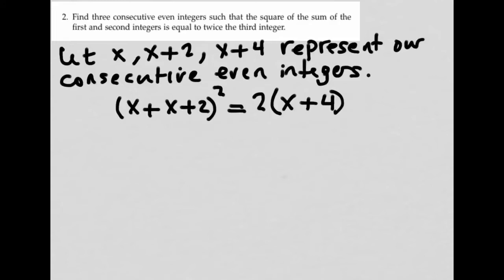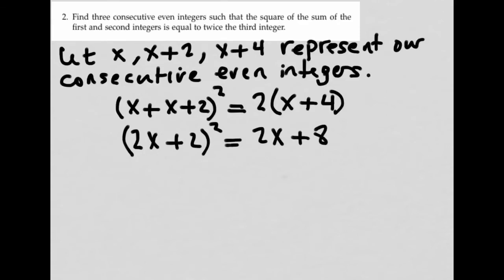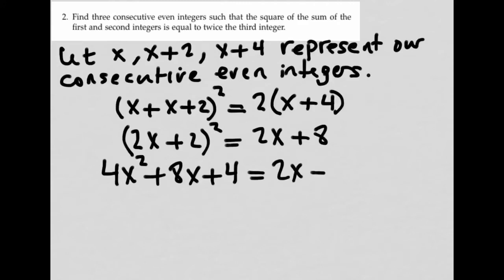Now let's proceed with the algebra. 2x plus 2 squared equals 2x plus 8. And remember, 2x plus 2 squared is something of the form a plus b squared. We can expand it as 4x squared plus 8x plus 4, and that's equal to 2x plus 8.